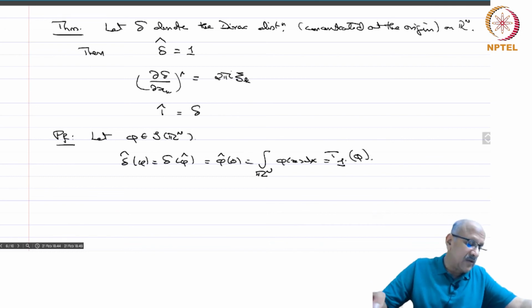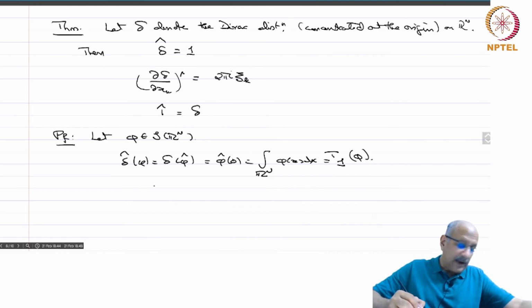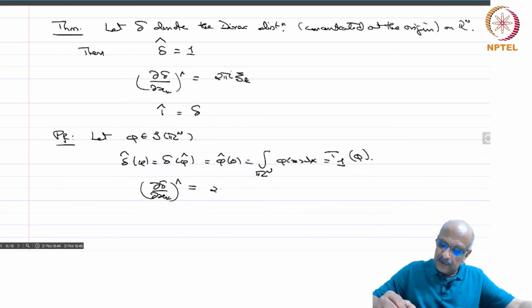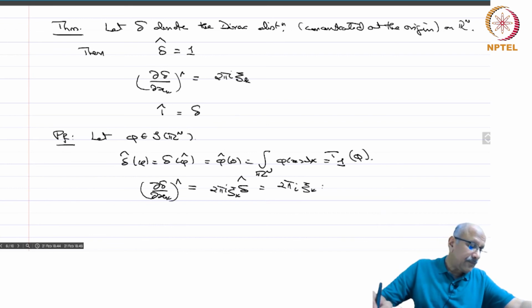So a constant function acting on phi, and therefore delta hat equals 1. Now (∂delta/∂xk) hat, by what we proved previously, is 2πi ξk delta hat, and that is equal to 2πi ξk.